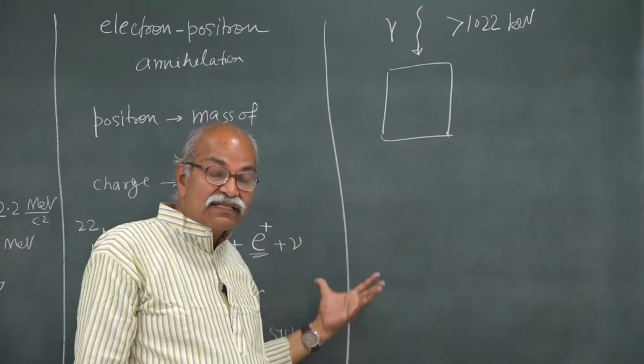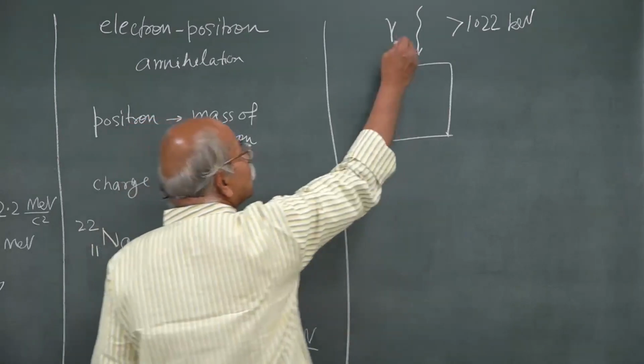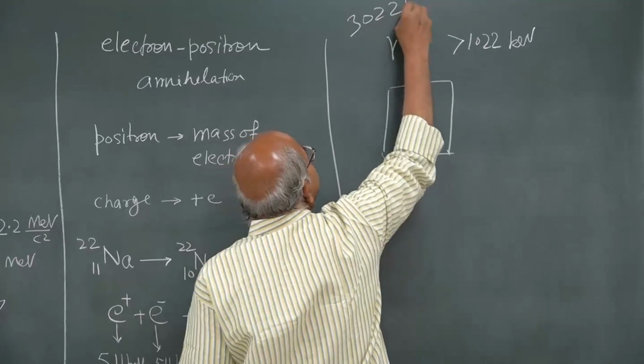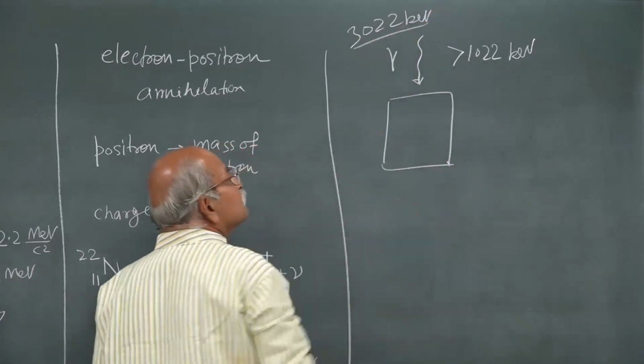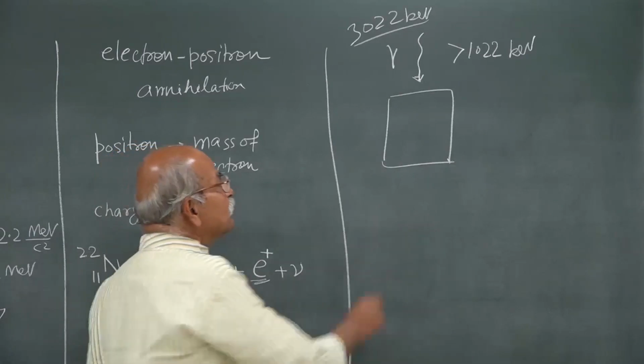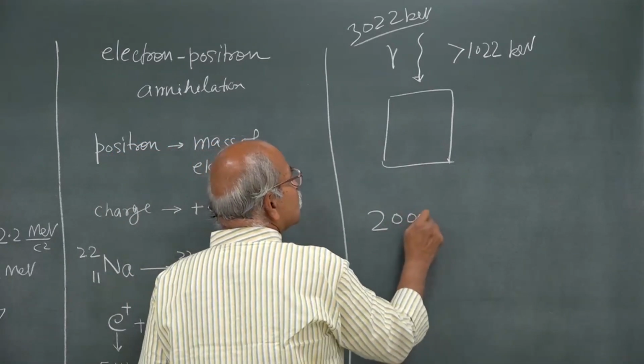Suppose your original energy is, let us say, something like 3022 keV.